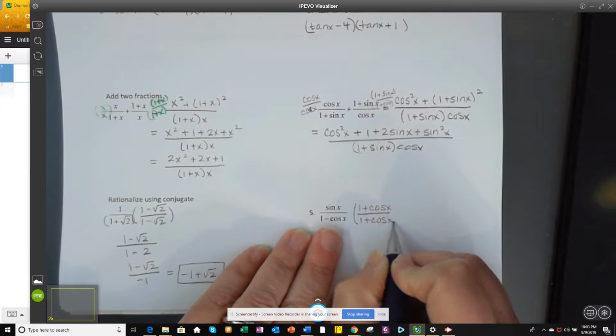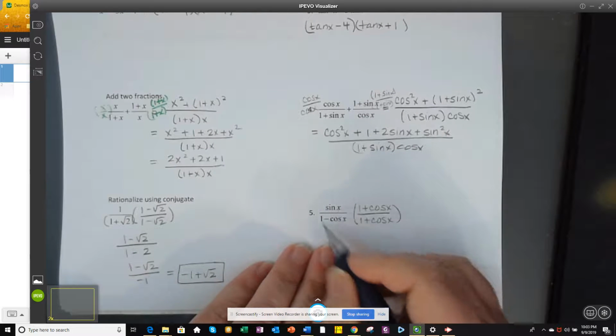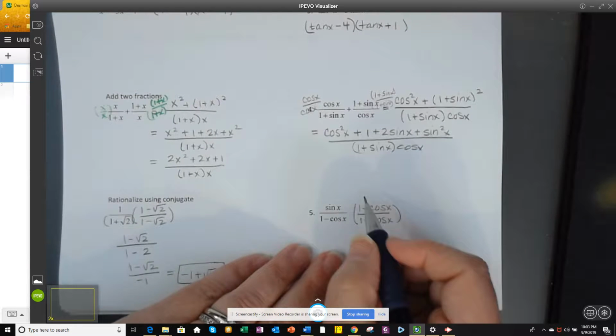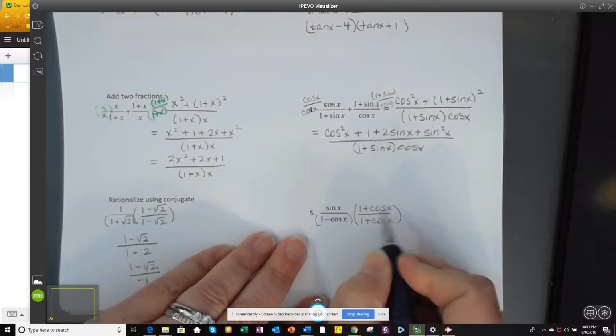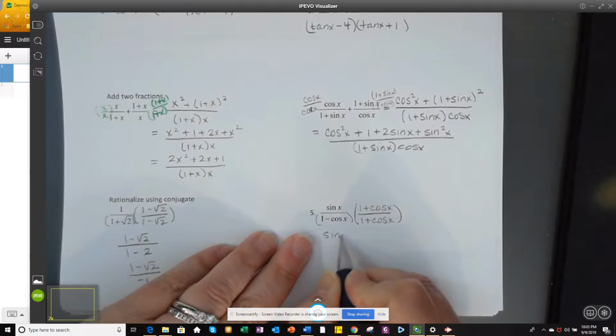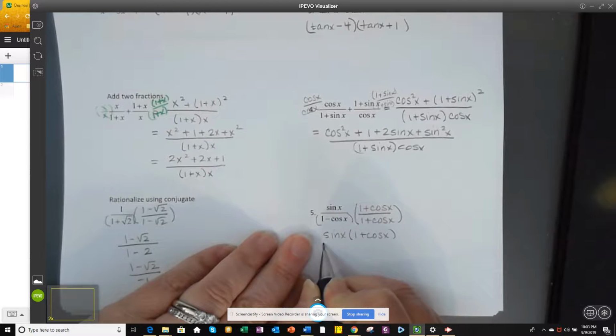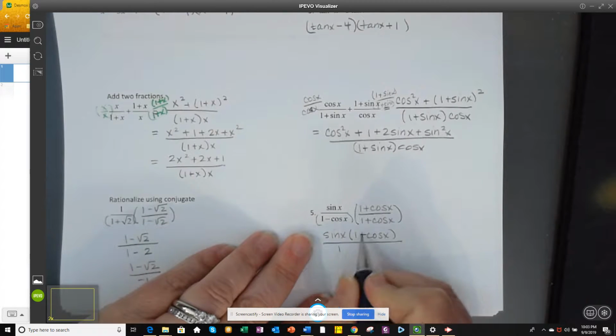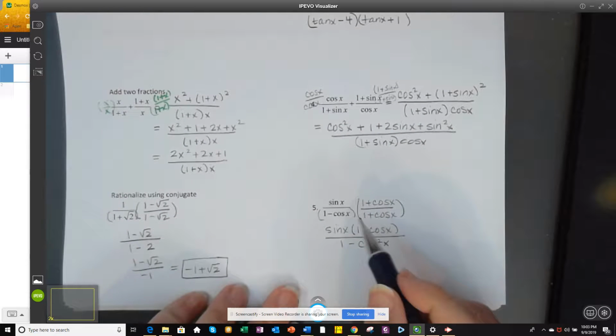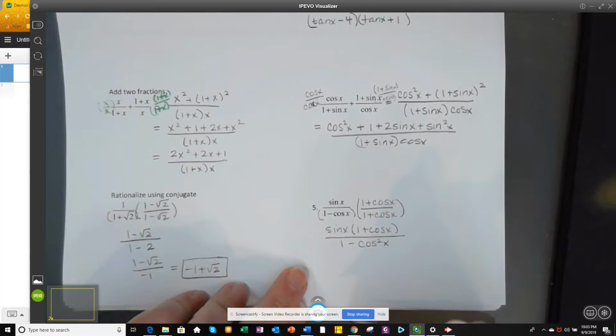That's a factor of 1. It's not changing this value at all. It's just changing the way it looks. And then I'm going to distribute, and we get sine x times 1 plus cosine x all over 1 minus cosine squared x. And now we have multiplied times the conjugate and got something that looks a little bit different.